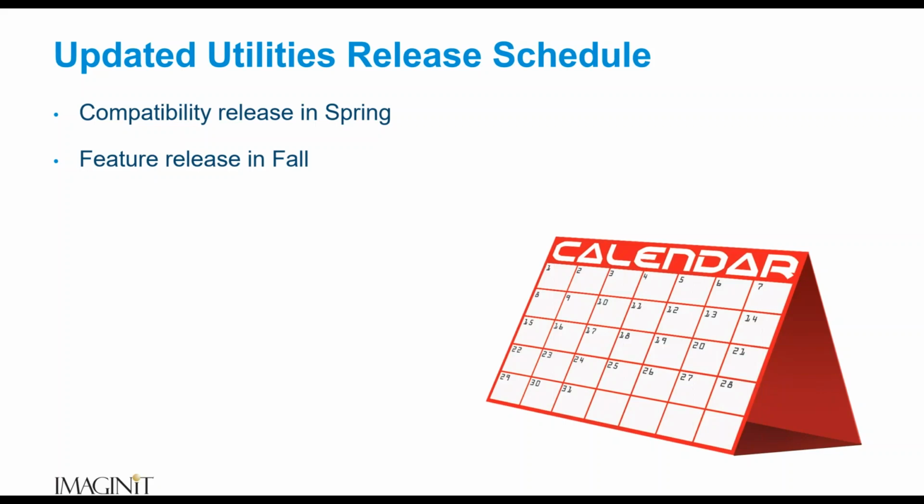Today we're talking about Civil 3D utilities. However, we also have utilities for Revit, Vault Client, and Vault Server. They asked that we get the Civil 3D utilities on the same release cadence as all of the other ones. So what that means to you is, moving forward, expect a compatibility release in the spring.